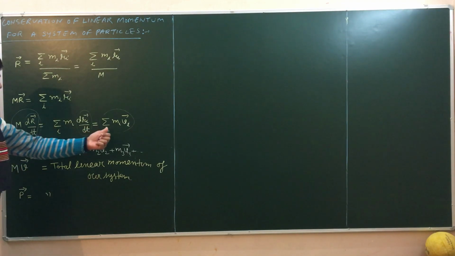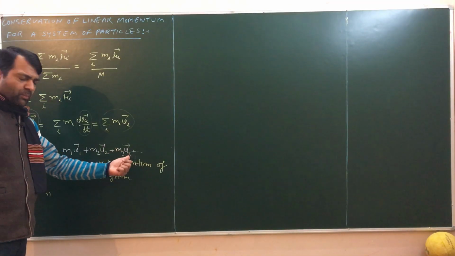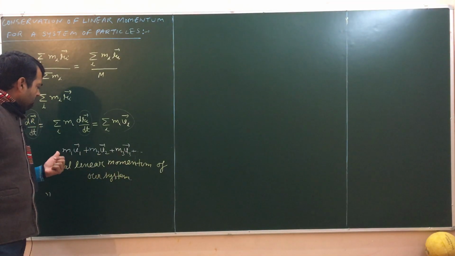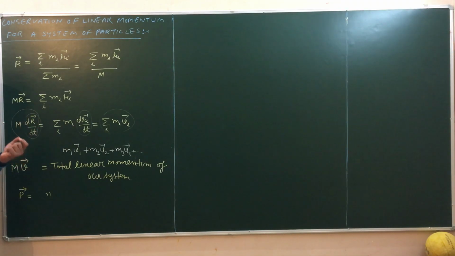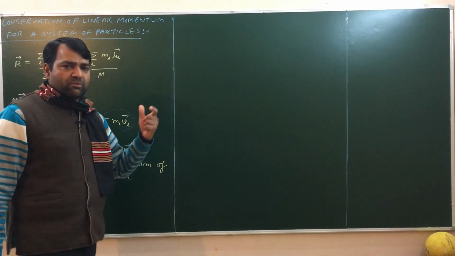We need not go individually to every particle because their vector sum comes out to be equal to this quantity, and finding this quantity is very easy because this equation is like a single particle. So we need not consider the 10 to the power 6 particles.